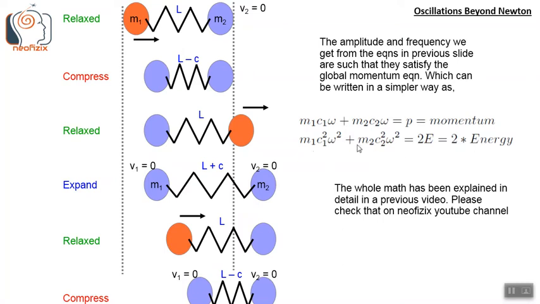And also they satisfy the energy equation. So basically m1 c1 square omega square plus m2 c2 square omega square is twice the energy. So these are the momentum and energy equations in terms of the variable c1, the amplitude of the oscillation. The whole math has been explained in detail in a previous video, so I'll not go into the details here. So please check that video on our YouTube Neofizix channel.